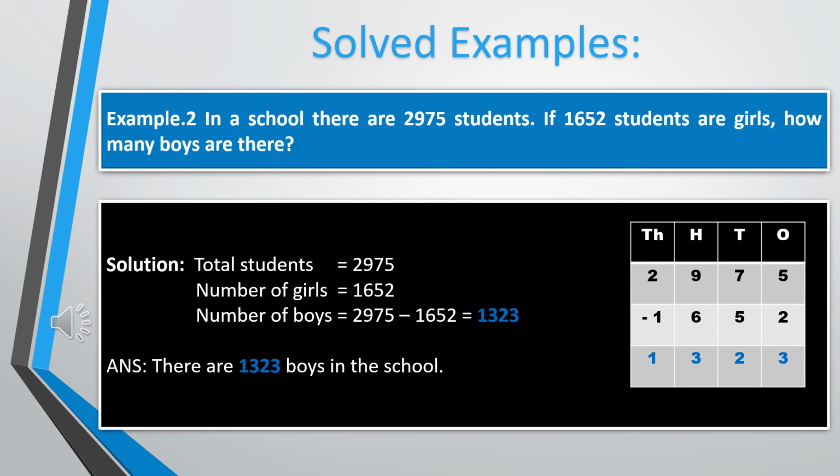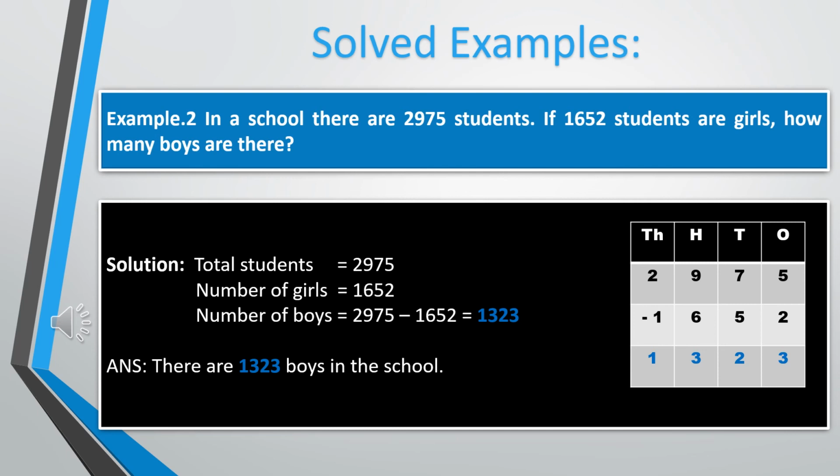Here in ones place, 5 minus 2 is given. So 5 minus 2 is equal to 3 ones. In tens place, 7 minus 5 is equal to 2 tens. Now in hundreds place, 9 minus 6 is equal to, yes, 3 hundreds.